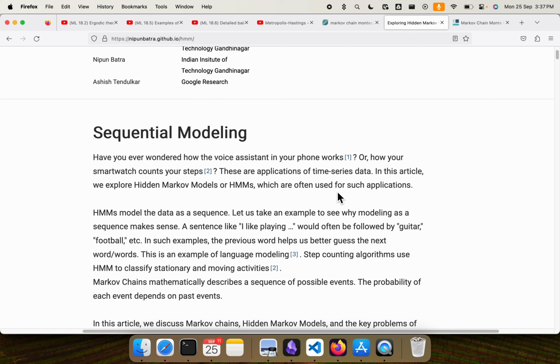In general, whenever we look at any time series data, for example your accelerometer data while walking, your acceleration data will exhibit certain patterns. You can leverage that and figure out the step count. Or if I'm speaking, whatever I'm speaking currently has an impact on what I'm going to speak next, so there is a sequentiality to the data set. I cannot really ignore these things.